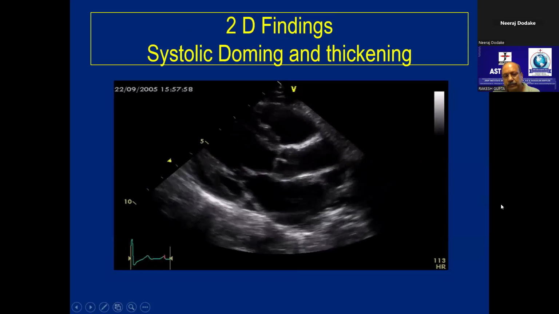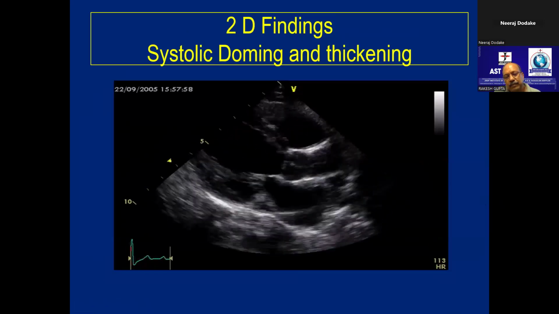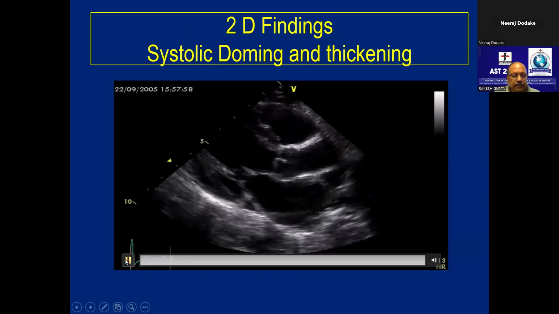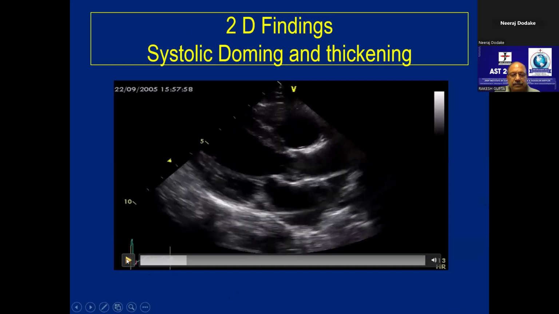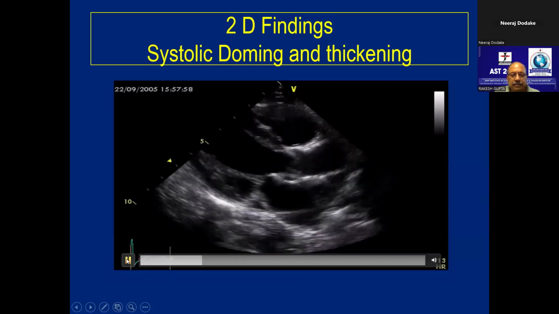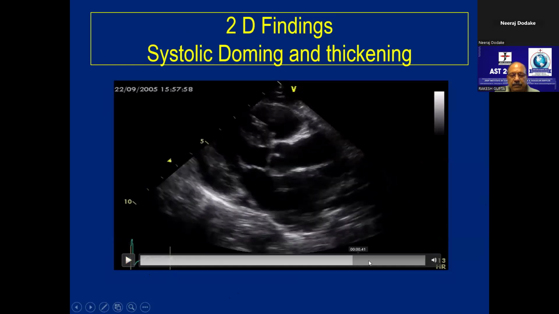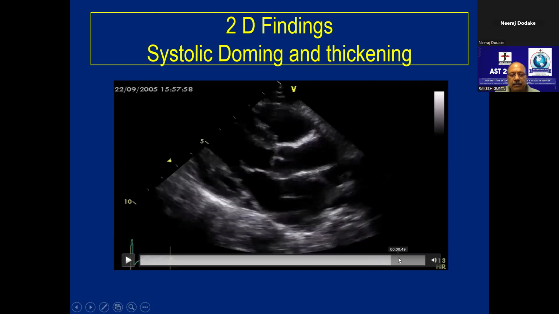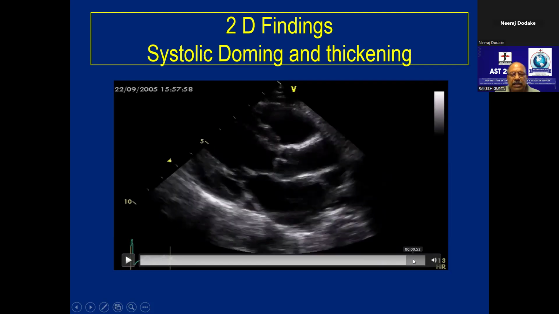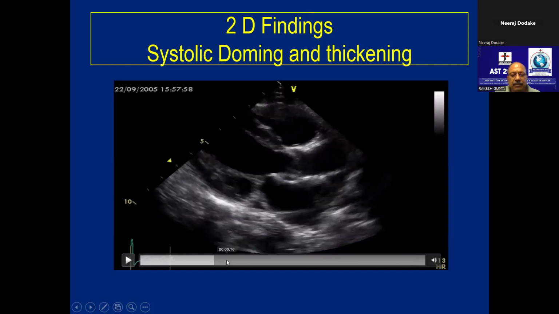So why are they looking normal in this clip? They are looking comma shaped, like some comma shape instead of hockey shaped. Now look at this. The leaflet should open straight. Correct? The leaflet is opening like this.